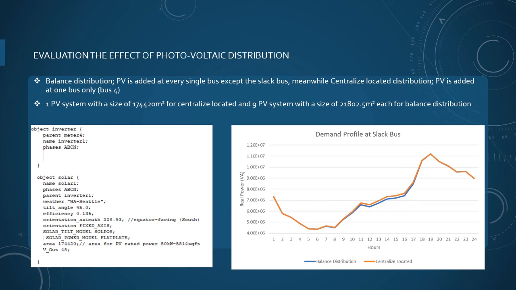For example, in my project, one PV system with the size of 174420 meter squared is used for centralized located, and 9 PV systems with the size of 21802.5 meter squared each are used for balanced distribution. So this is the coding, and this is the demand profile at the slack bus between the balanced distribution and the centralized located distribution.